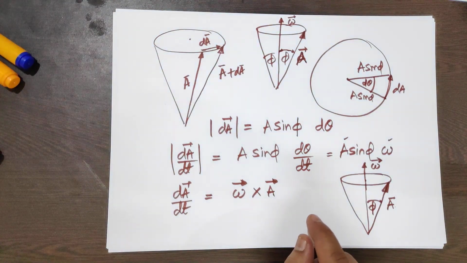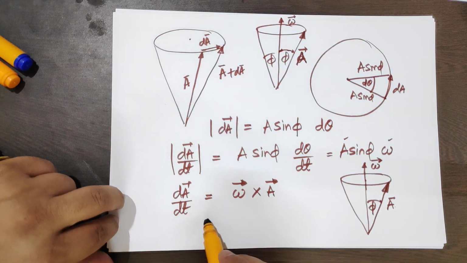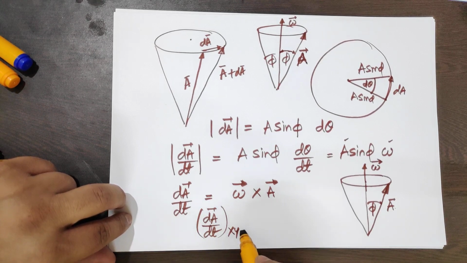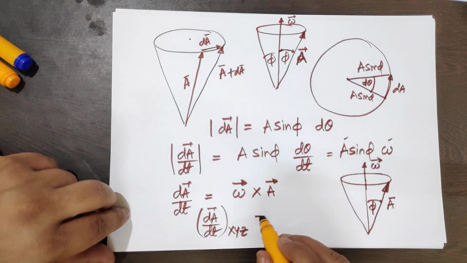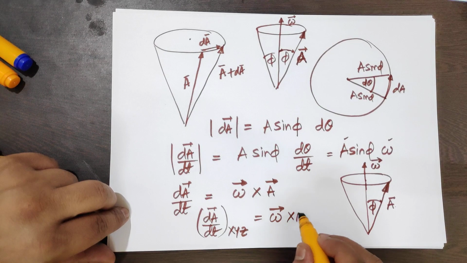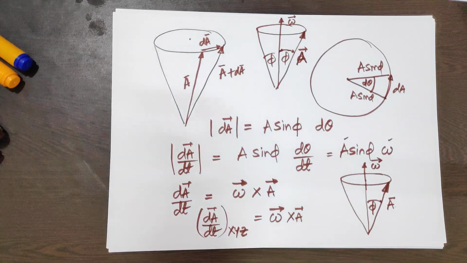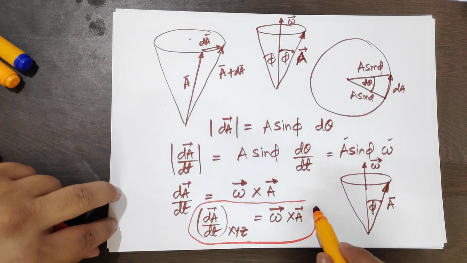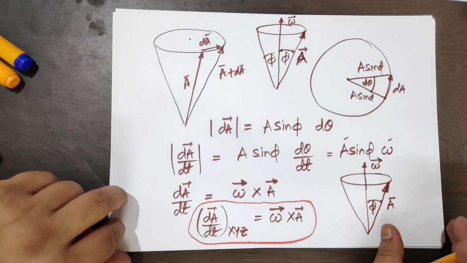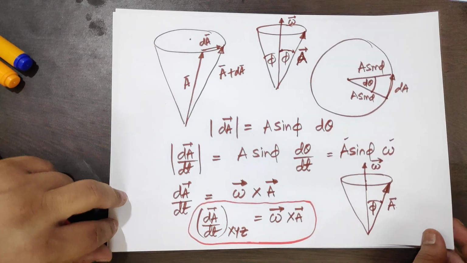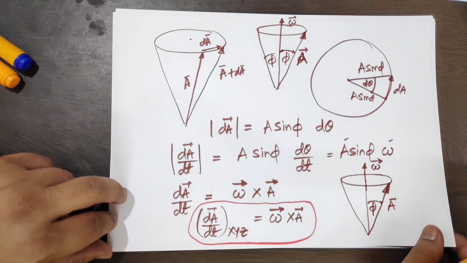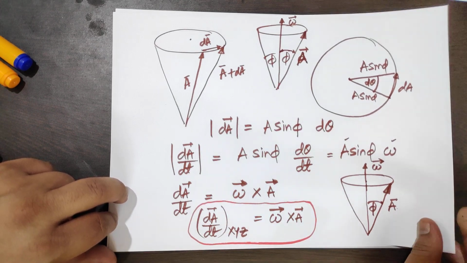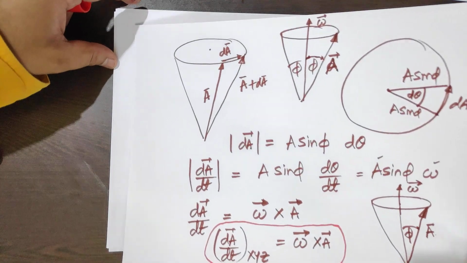So dA dt with respect to the capital XYZ frame, or ground frame, equals omega cross A. So that is one more case. Remember, this vector A is fixed in the small xyz frame. Angular velocity of the small xyz is omega. So this is the relation between derivatives of vector A in the two frames.